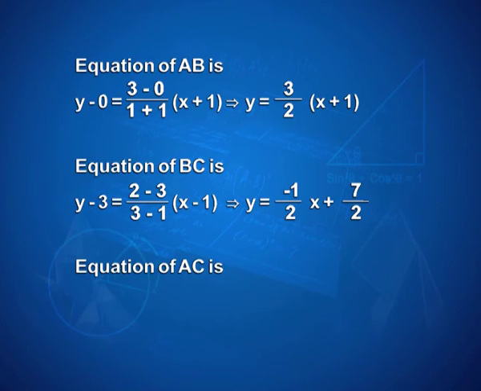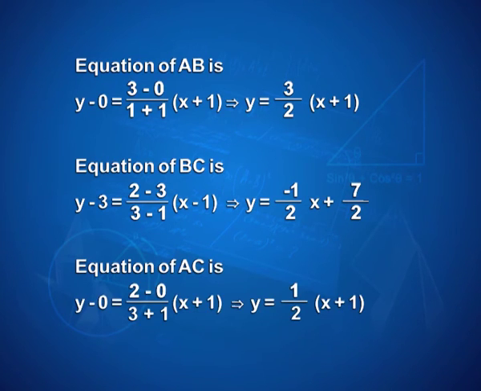Equation of line AC is y minus 0 is equal to 2 minus 0 upon 3 plus 1 into x plus 1. That implies y is equal to 1 upon 2 into x plus 1.